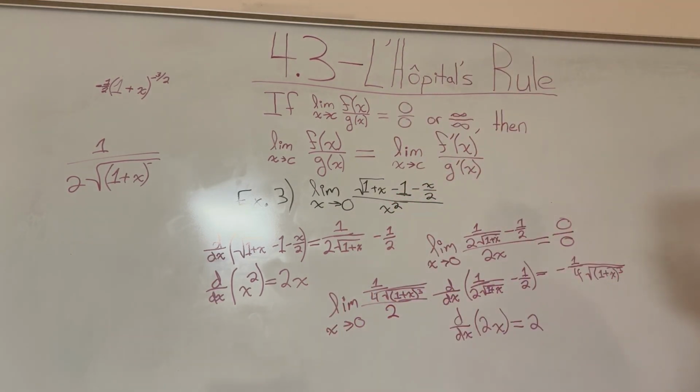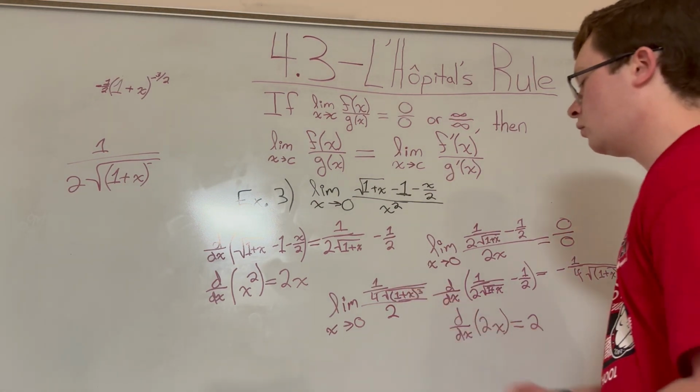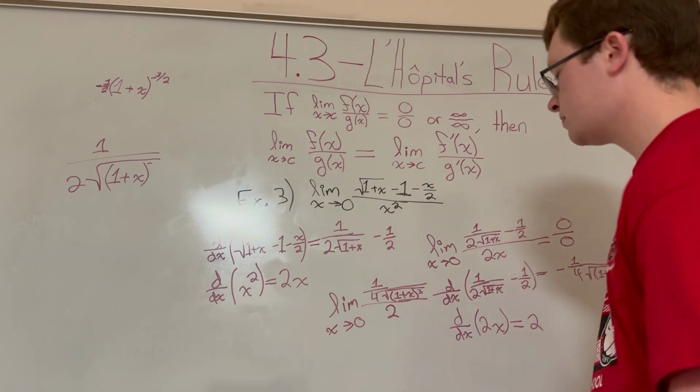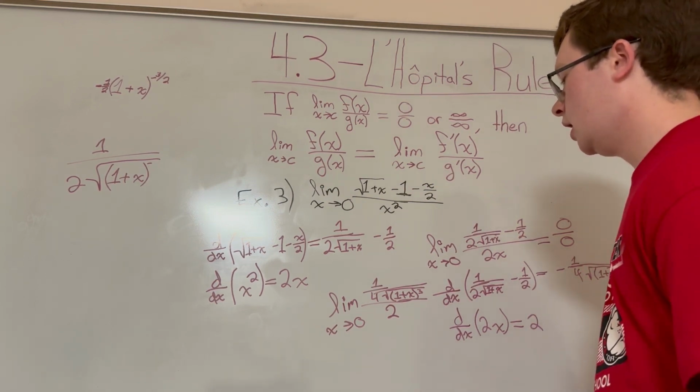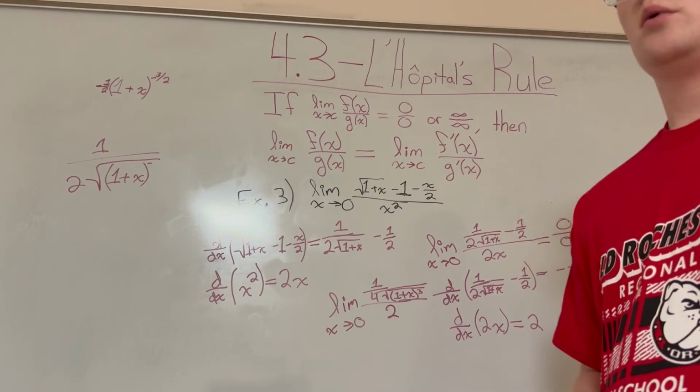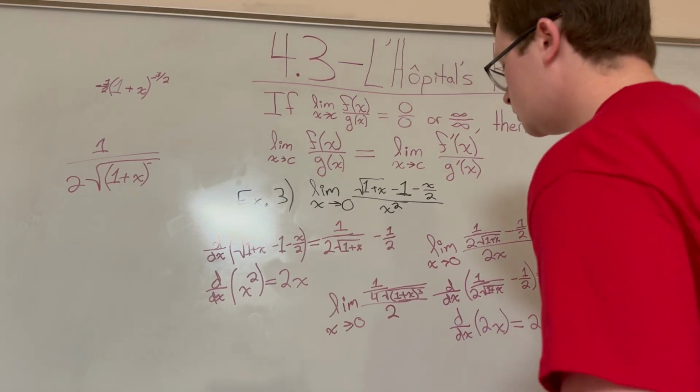And then let's plug in for that 0 value. We get negative 1 over 4 times the square root of 1 plus 0 cubed, or square root of 1, all over 2.